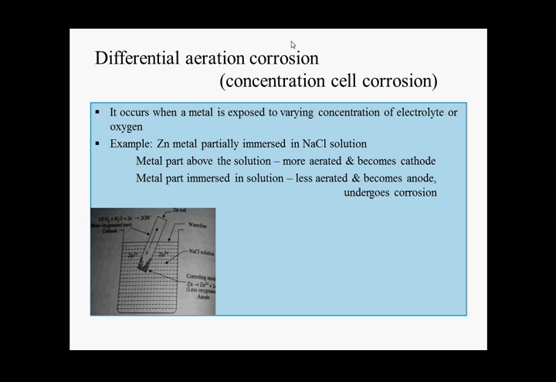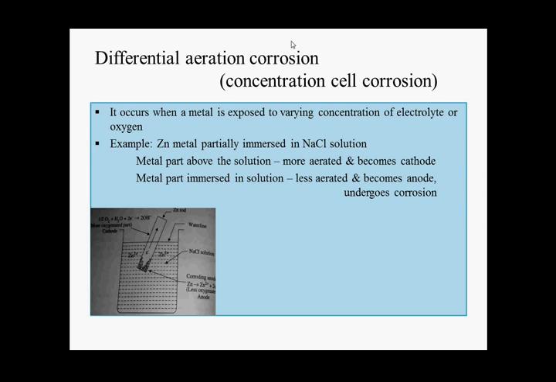For example, let us see zinc metal partially immersed in sodium chloride solution. The metal part which is not in the NaCl solution is more aerated, acts as cathode, and no corrosion takes place there. The metal part immersed in solution is less aerated, acts as anode, and undergoes corrosion.